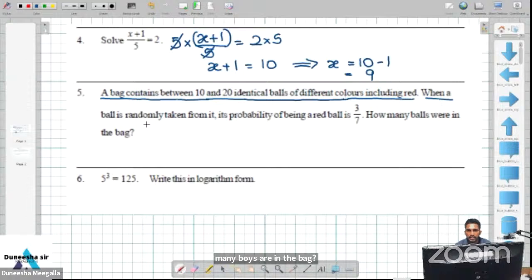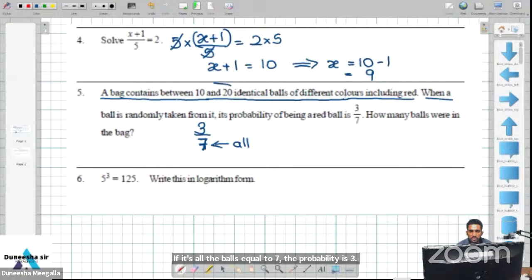Okay, how do we find it? What is the answer? 3/7: the 7 is all the balls. If all the balls equal 7, the probability of being a red ball is 3.